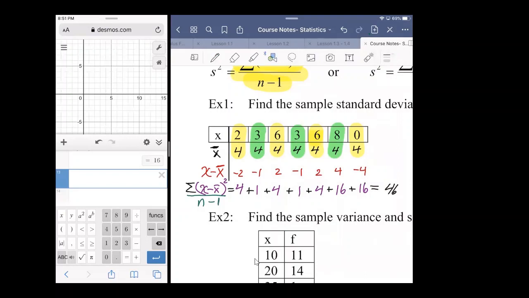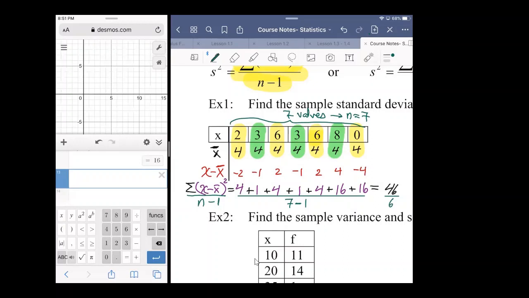I'm going to take this whole numerator and divide it by the number of values in the set. 1, 2, 3, 4, 5, 6, 7 values. So therefore, n is equal to 7. So I'm looking at 7 minus 1. 7 minus 1 is 6.